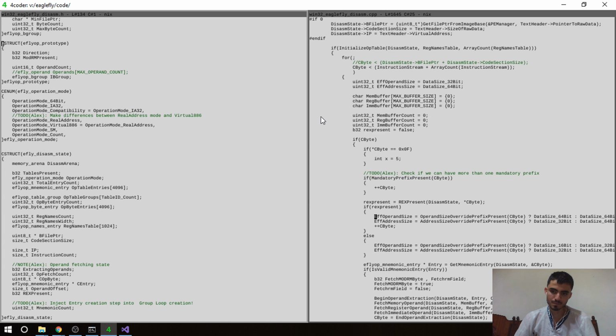Now, I mean, you cannot have 64-bit and 32-bit code in the same code segment, can you? I think that's not possible. You can have different code segments with different operation modes, I think that's possible.